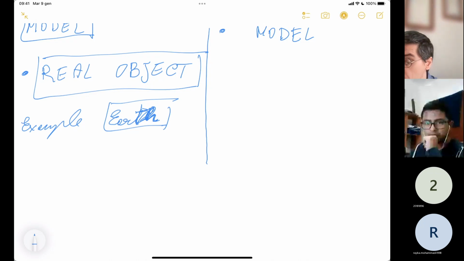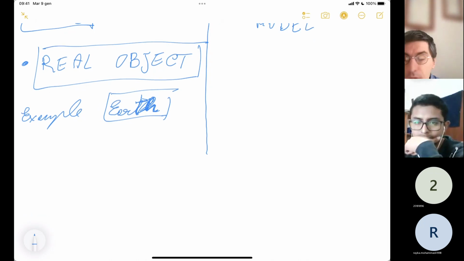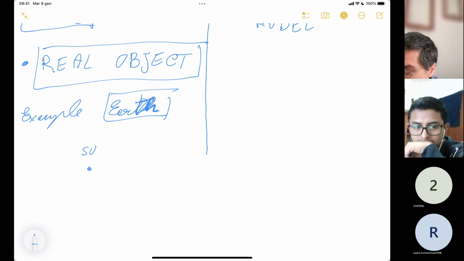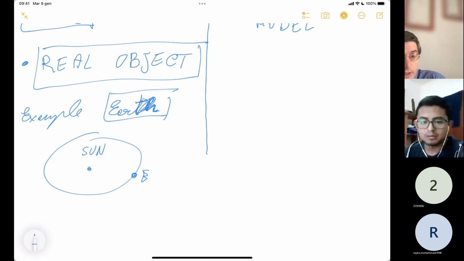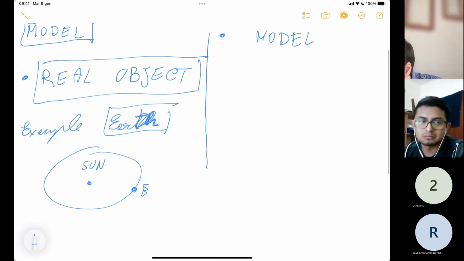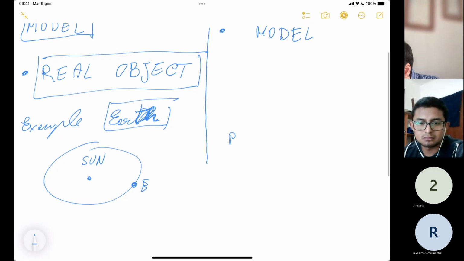For example, if you are interested just in modeling the motion of the Earth around the Sun, you can imagine treating the Earth as a material point, a material particle.